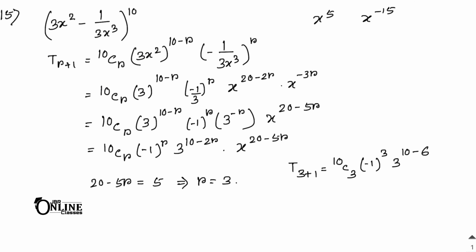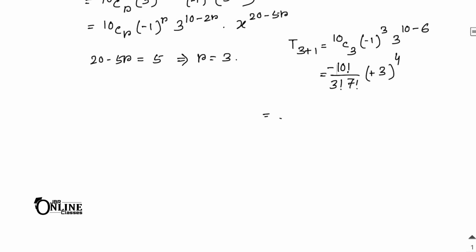So that one you can write down 10C3, so it will be here 10 factorial by 3 factorial, then 7 factorial, then minus 1, and then here 3 to the power 10 minus 6, it's 4. As here negative sign will be there also, so you can write down here minus sign.